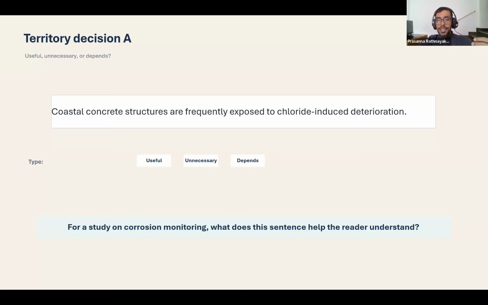If the audience demands a greater background, you should give it. And if the audience is an expert in the field, you don't need to beat around the bush. You can directly jump into the question. You got it? Each and every audience has particular requirements, but for all audiences, setting up the territory is the first thing that you have to do in your introduction. Let's move on.